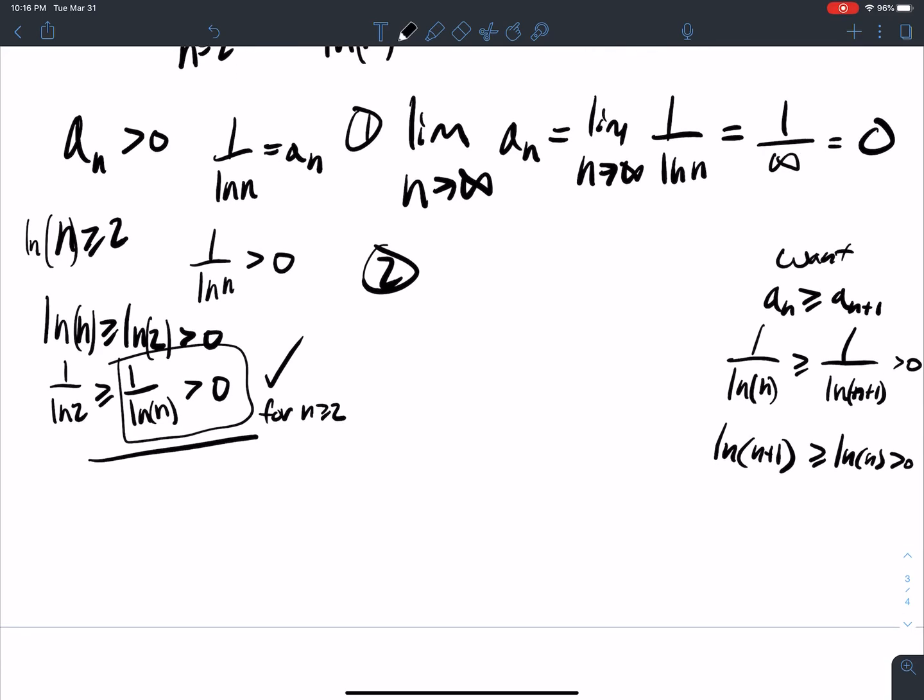If I exponentiate everything, because e to the x is a continuous function, then I've got n plus 1 greater than or equal to n, which is greater than 0, obviously. Okay. And we have it set n to be greater than or equal to 2, so I could make this an even stronger case.